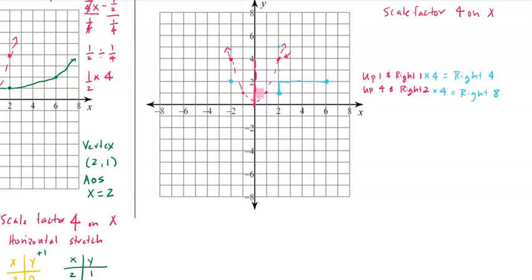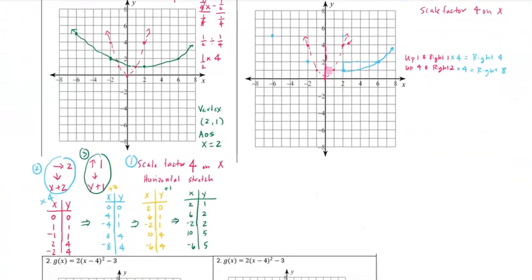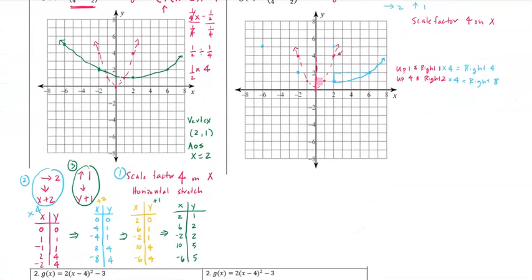So we're going to go left 8. 1, 2, 3, 4, 5, 6, 7, 8. Just like so. Negative 6, 5. Like that. That's exactly what I had on the left-hand side.